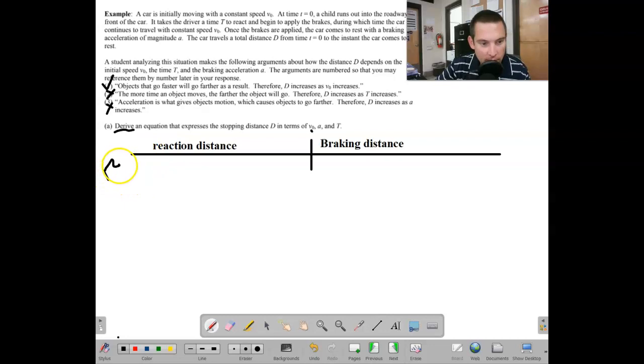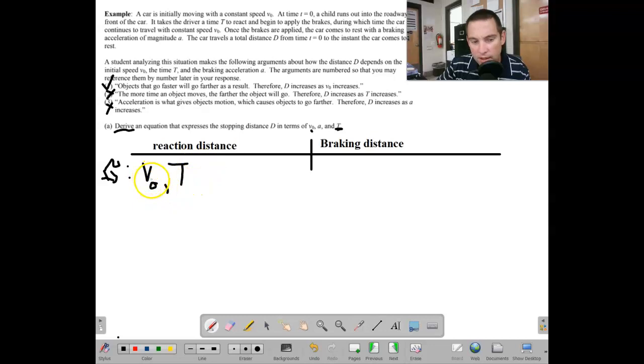So the reaction distance, how are we going to find it? Well, we will guess. What do we know about the reaction distance while the driver is driving? We know they're traveling with a constant speed, v naught, and we know it takes the driver a time, capital T, to react. Because capital T is given to us, we're not going to have little t in our ending equation.